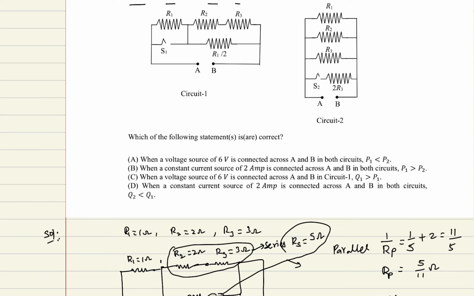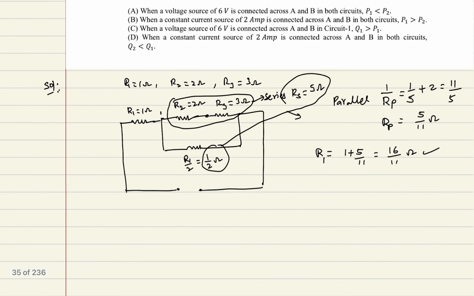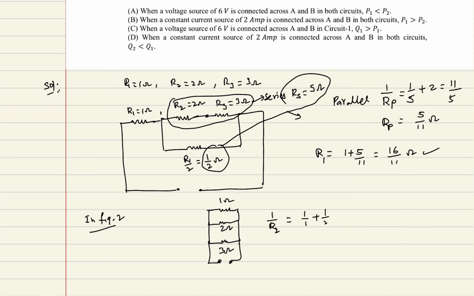Now, the next case: if S2 is open, the second and third resistors will not be there, but all three resistors are in parallel only. Do it here in figure 2. In figure 2, we can observe that 1 ohm, 2 ohm, 3 ohm are connected in parallel to each other.